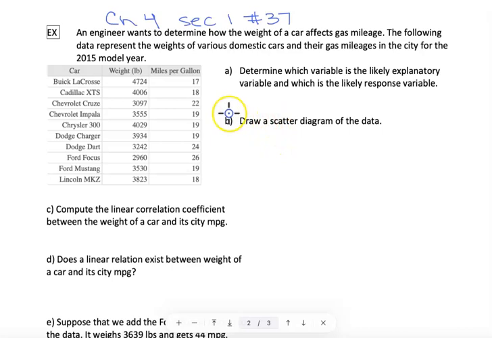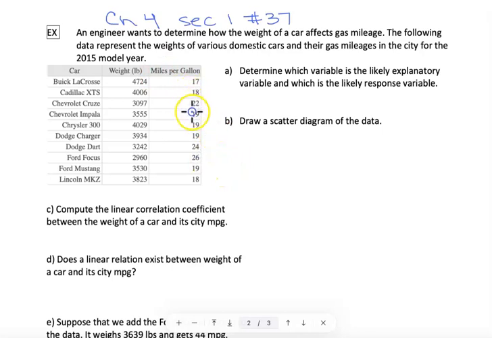So are you saying that the weight of the car depends upon its gas mileage, or are you saying that the gas mileage depends upon the weight? Hopefully in your brain, you just said the second one, that gas mileage is going to depend upon weight.